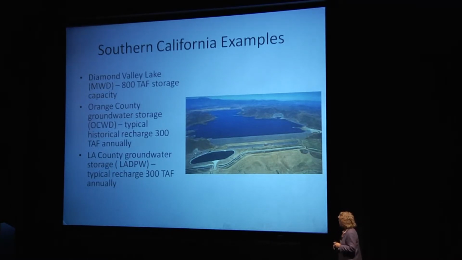A couple of the local groundwater recharge projects in Southern California, the larger local groundwater recharge projects, maybe on the order of 300,000 acre feet or so, more or less annually, something in that ballpark. So quite a difference between that and what a desal plant might provide.